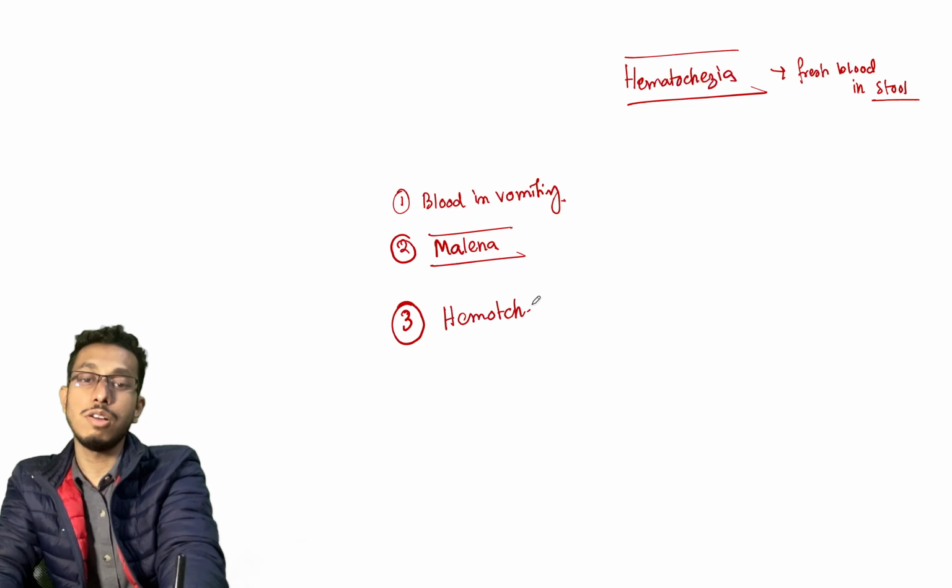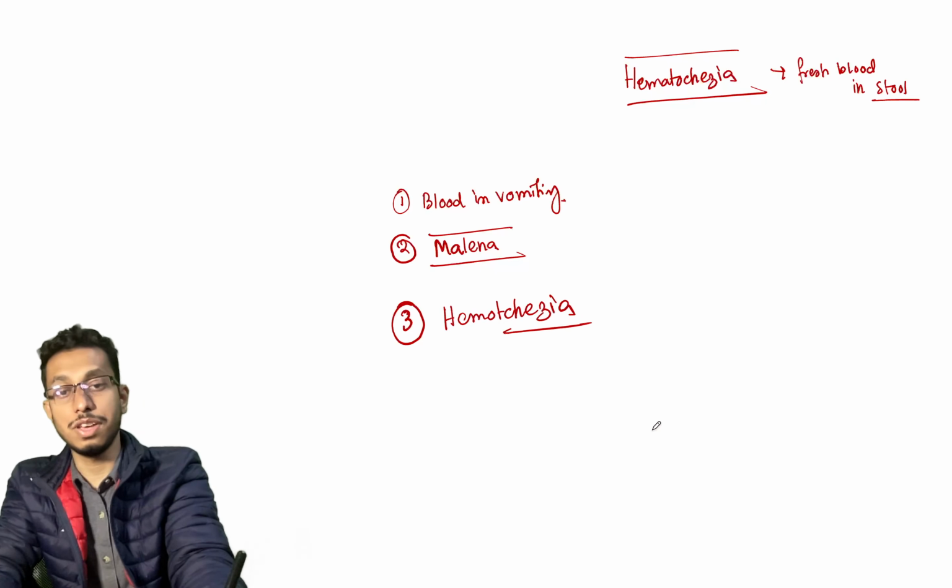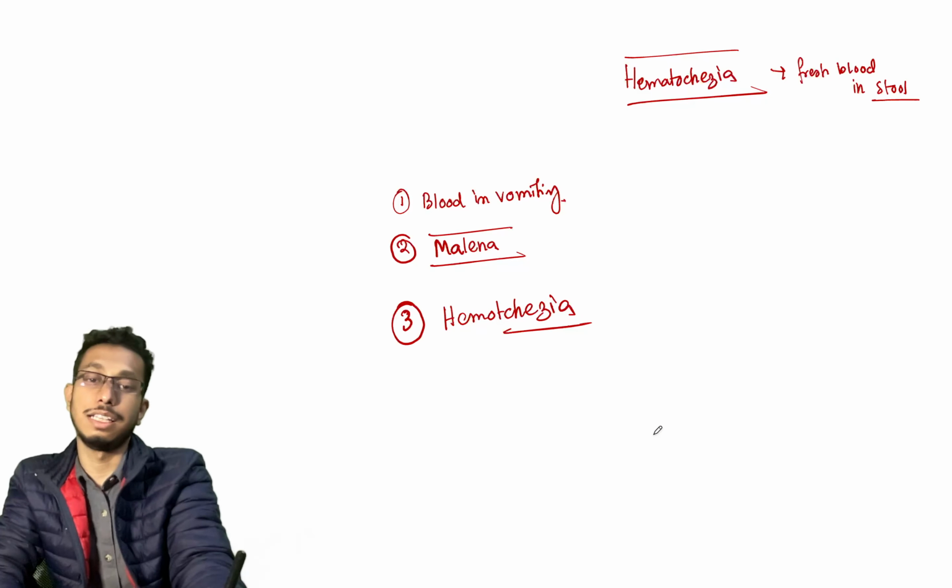What was hematochezia? Severe and active blood in the stool. So how can upper GI bleed present as hematochezia? Rarely, mainly when there is severe upper GI bleed and increased transit time in the GI tract, the patient can present with hematochezia also.